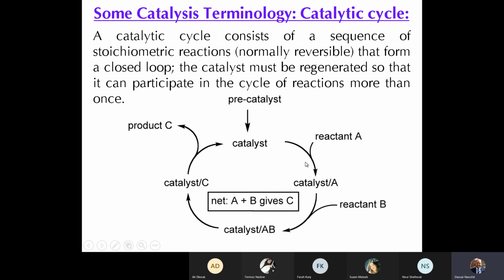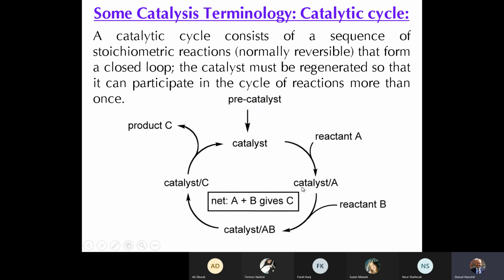When we have an arrow in this direction, that means this is a substance added. So the catalyst with the reactant A will give the intermediate catalyst A. What is the nature of this intermediate? It depends on the nature of the catalyst used. So this step should be one of the 13 steps we studied previously.